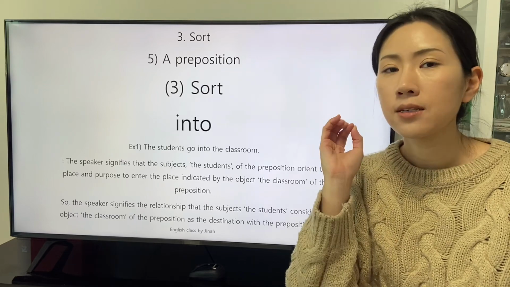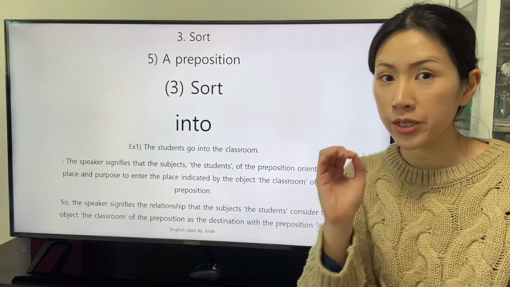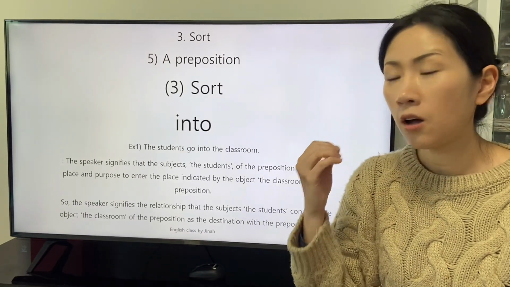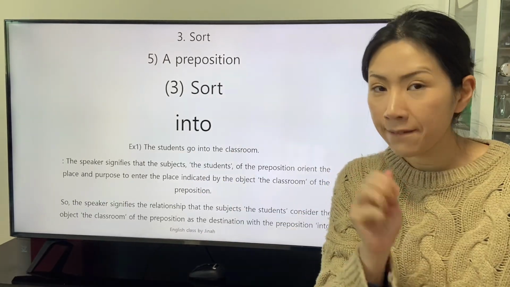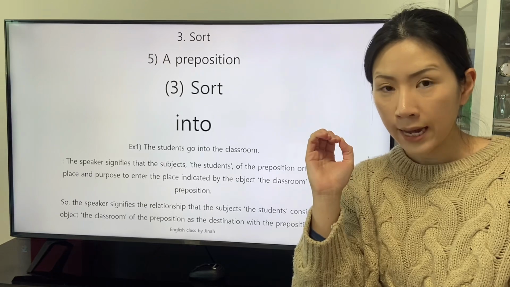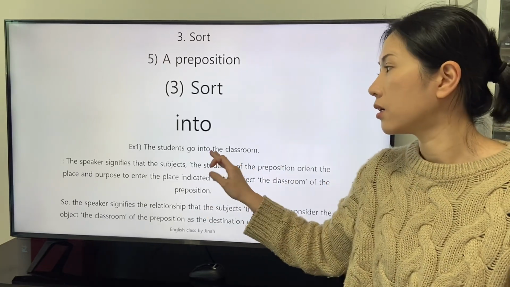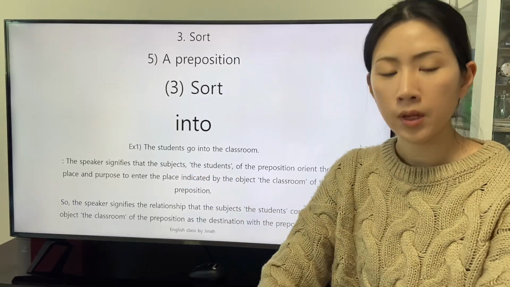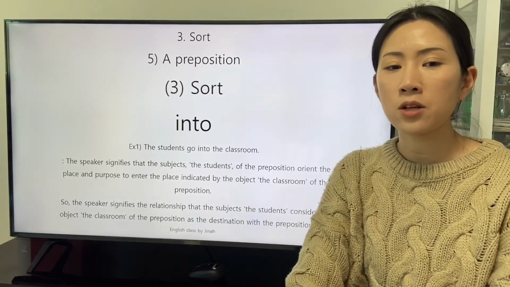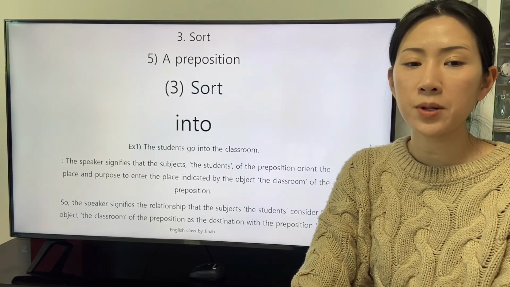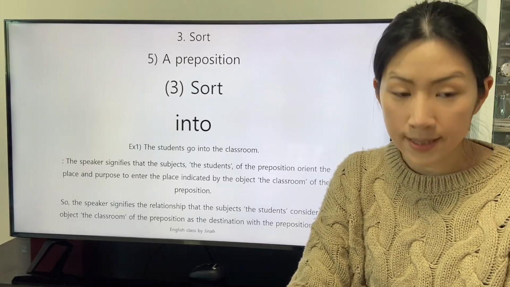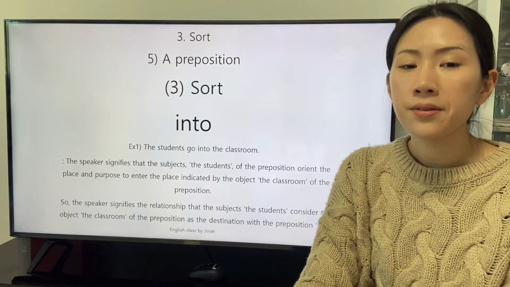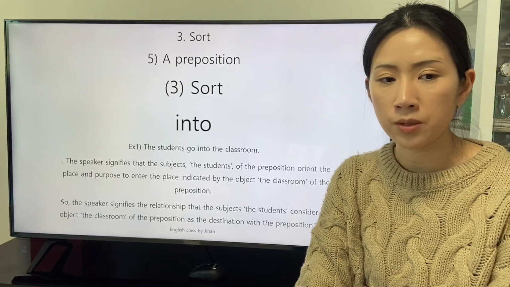With the fact that the preposition into is applied, the subject, the student, of the preposition into has the purpose to enter the object, the classroom, of the preposition into. The speaker signifies that the subject, the student, of the preposition orients the place and purposes to enter the place indicated by the object, the classroom, of the preposition.